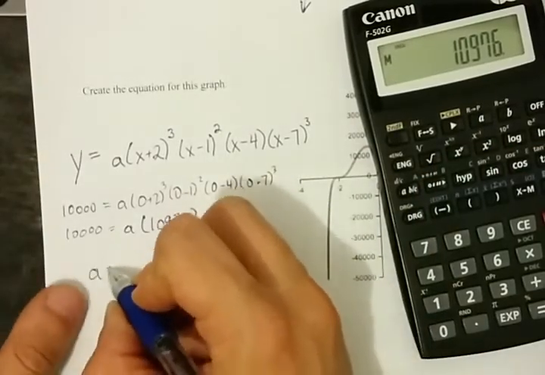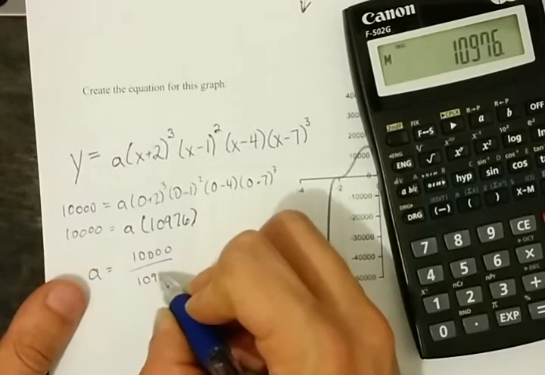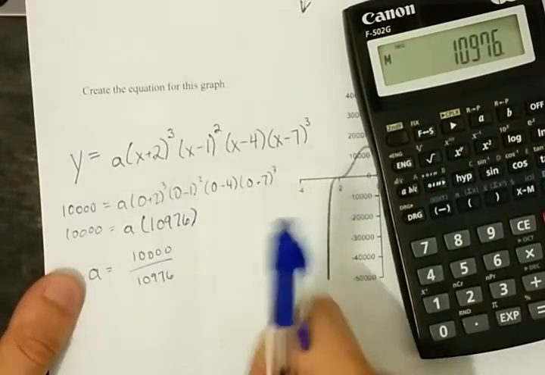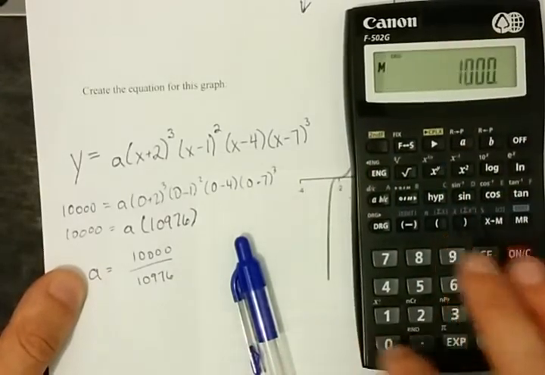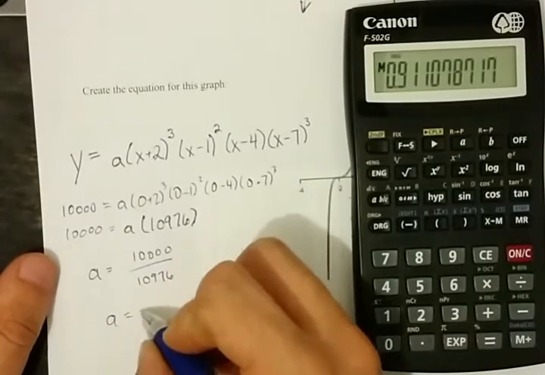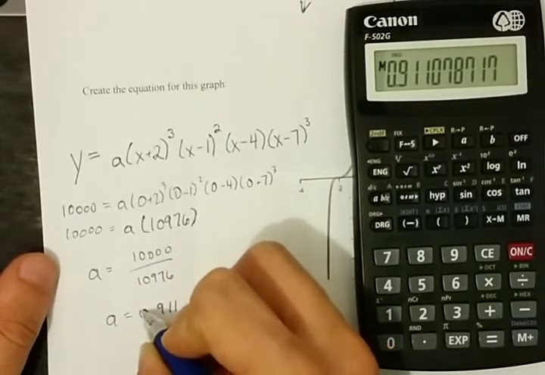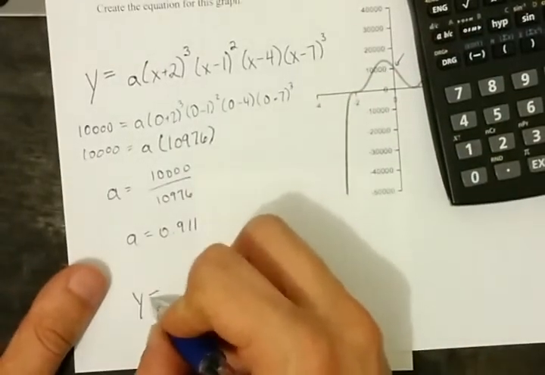And so my A is 10,000 over 10,976. I don't know what that is as a decimal. 0.91. A equals 0.911.